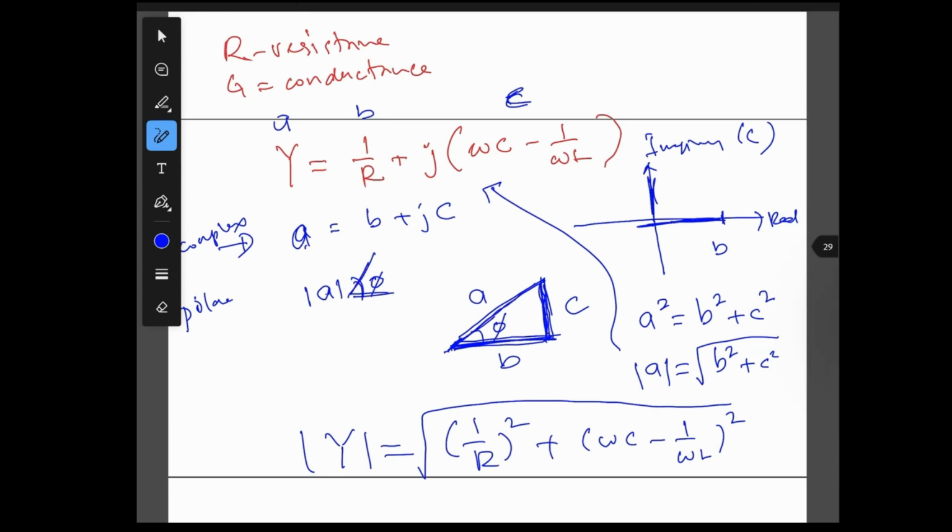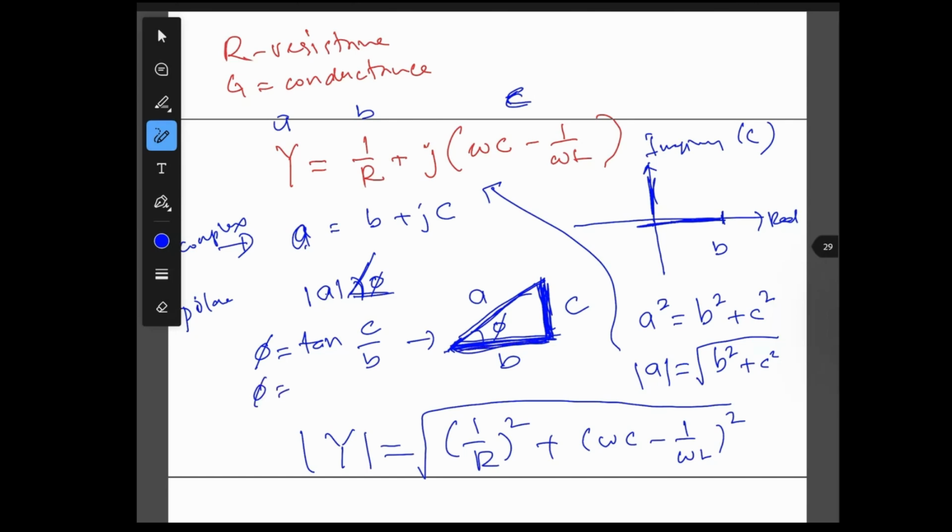You already learned in your trigonometry that tangent phi is equal to C over B, opposite over adjacent.